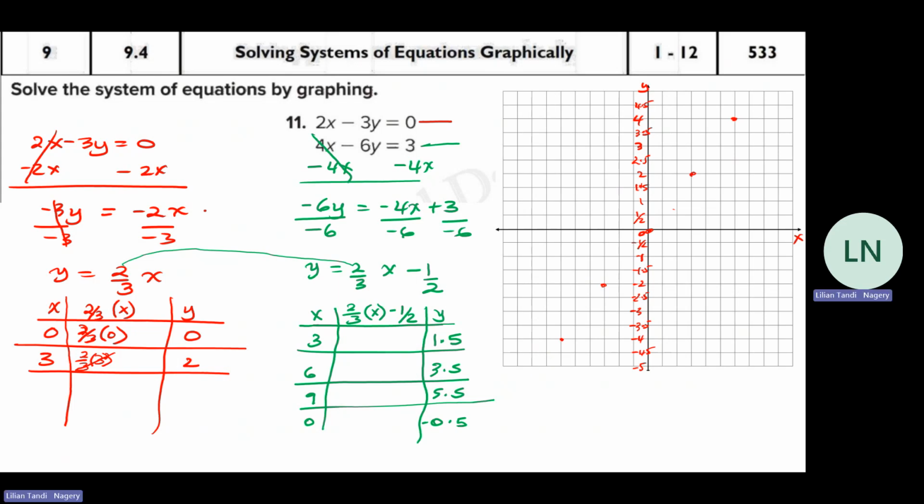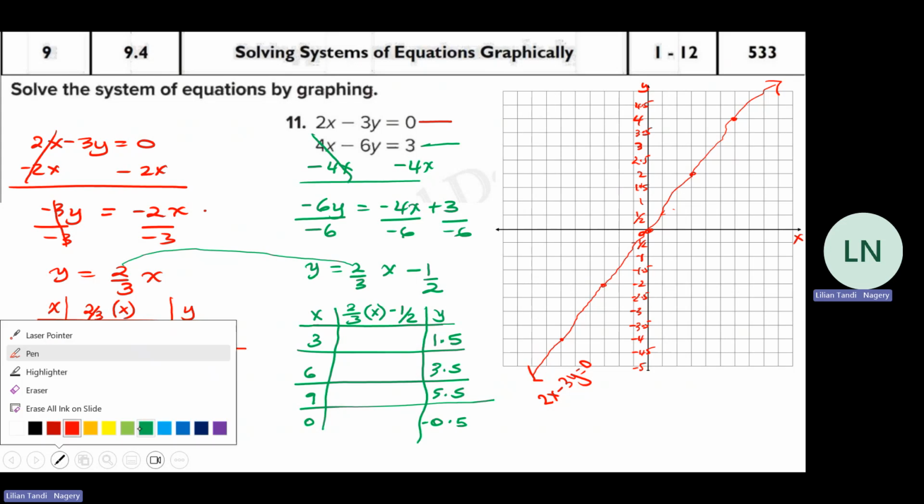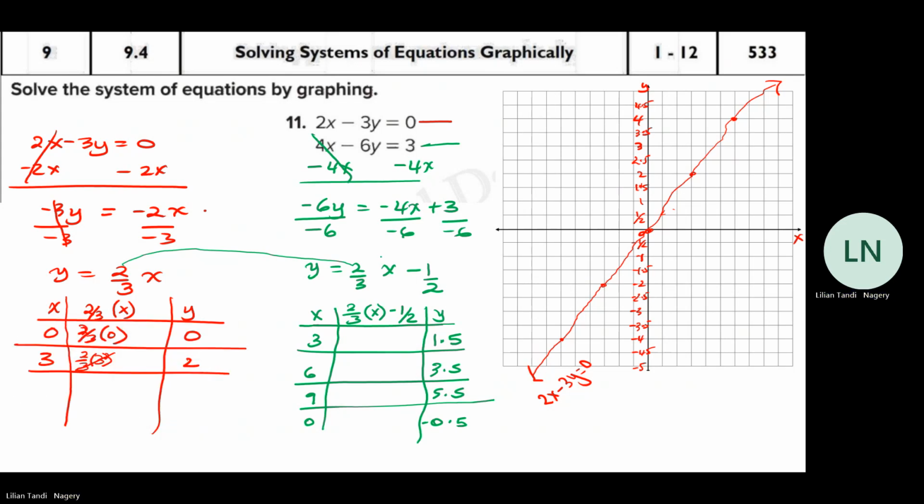So with my marker, I'm going to join my dots. You're going to get y equals 2 thirds x. No, what was the equation? 2x minus 3y equals 0. And then now I can do my green one easily.